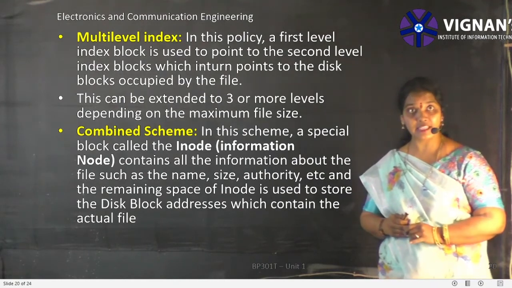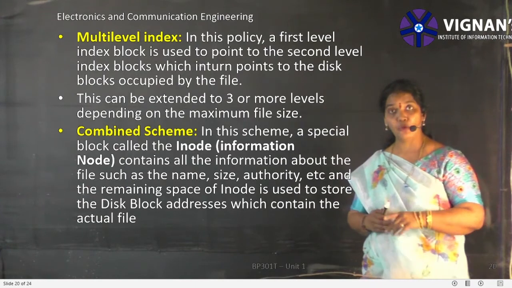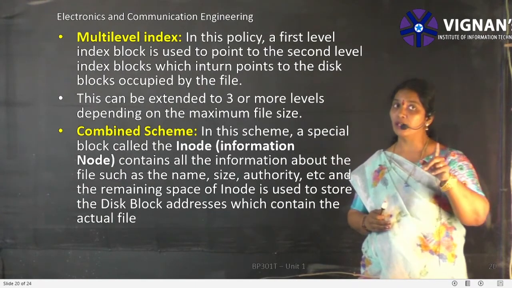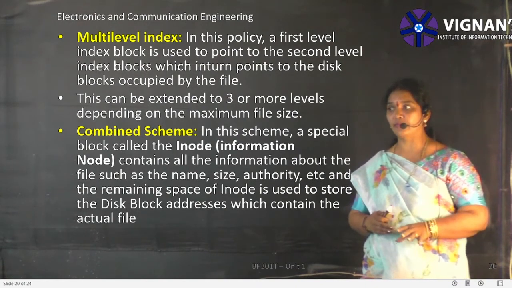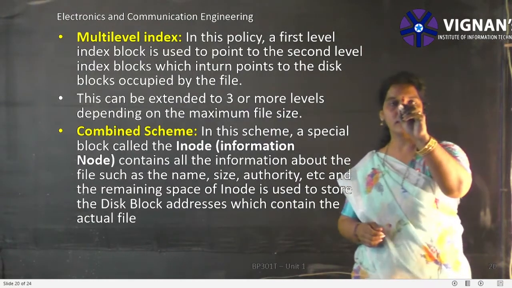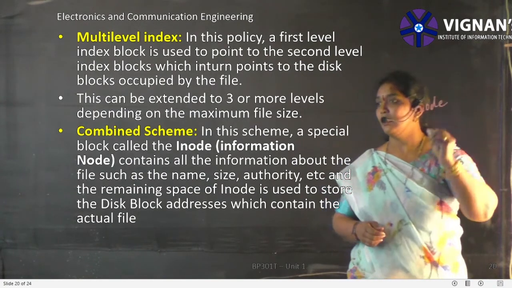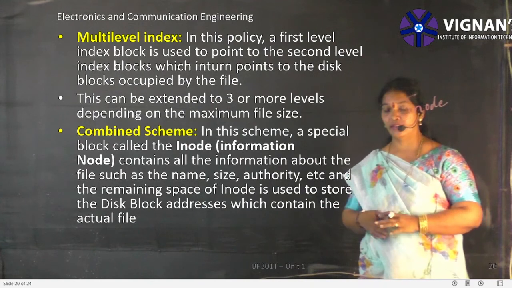The next scheme is our combined scheme, which is a combination of the linked list as well as the multi-level index. In this scheme, there is a special block called the inode. Inode is nothing but our information node.